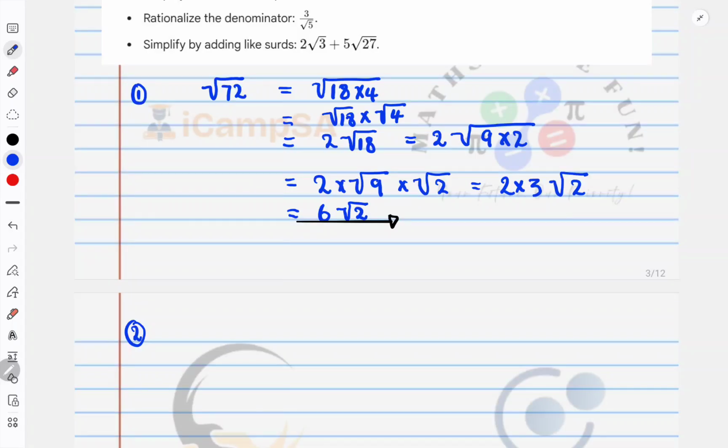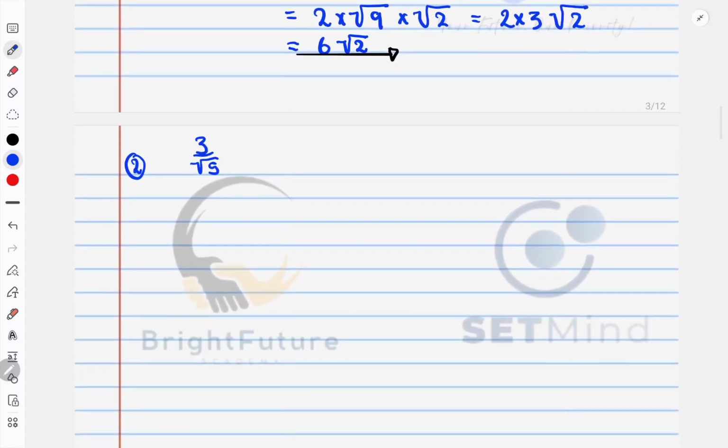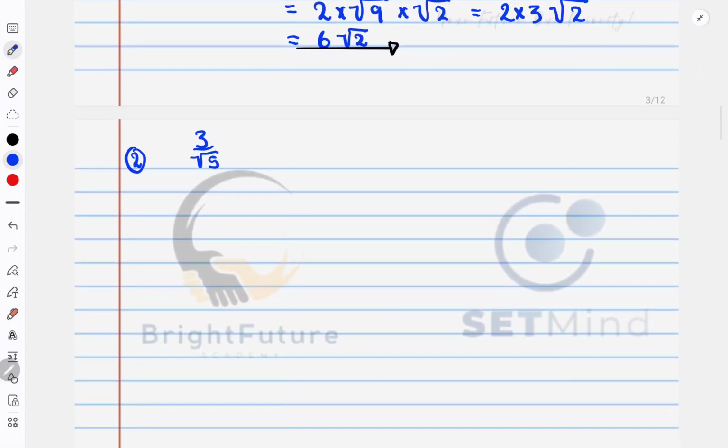As we can see, the denominator has been given in its irrational form. We have 3 over root 5. And in order to rationalize the denominator, we need to remove that surd over there. Yes, we need to change that surd into a simple fraction.